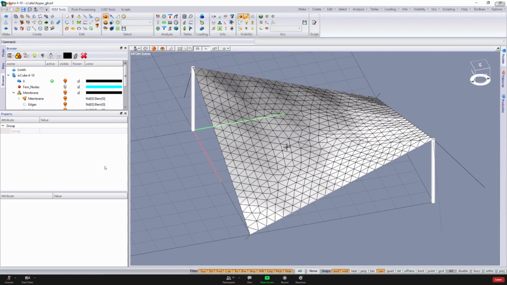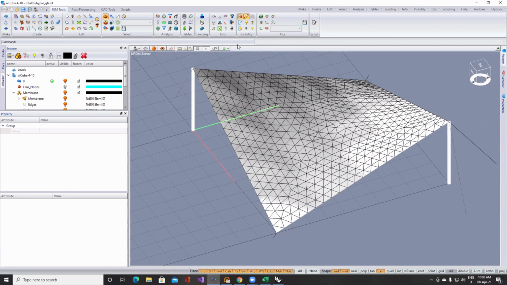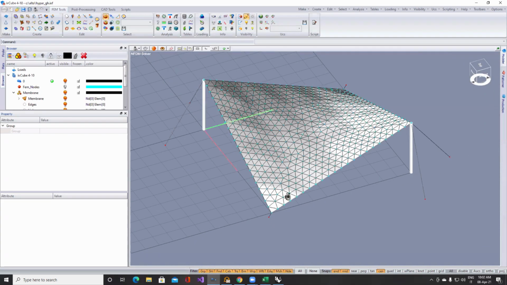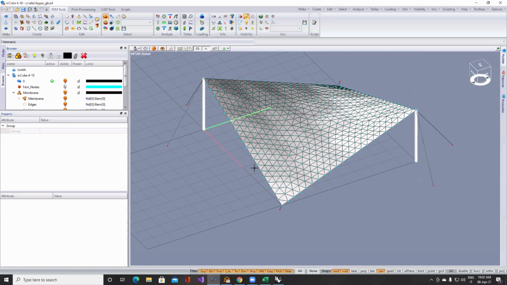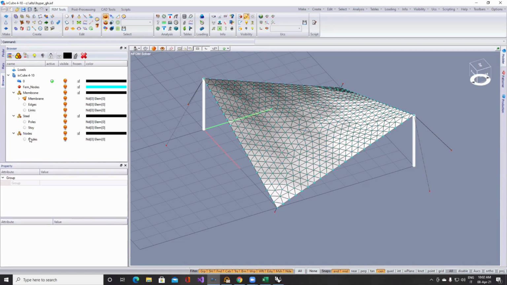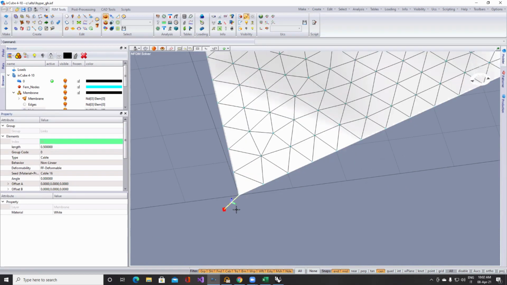Yeah, so now you see that everything is correct. So basically, we have generated the geometry, the membrane, the edge of the membranes, and everything in one shot. There's one thing that I need to set. The links have a constraint.